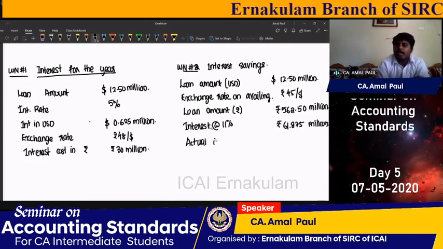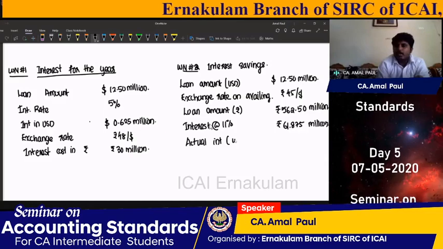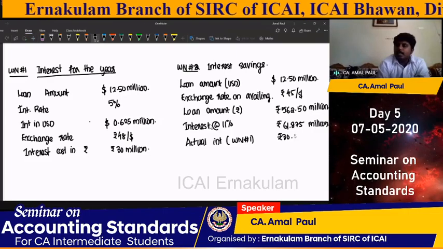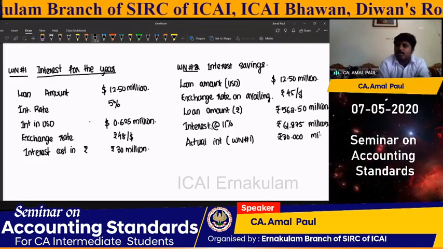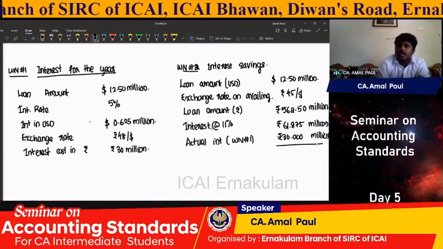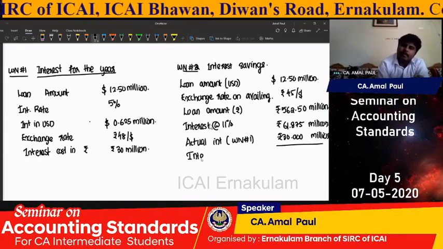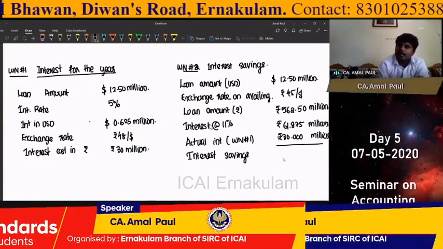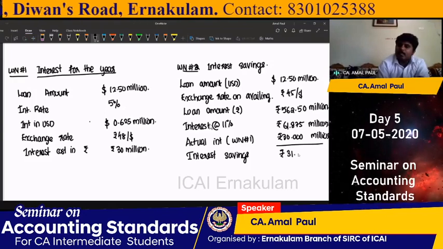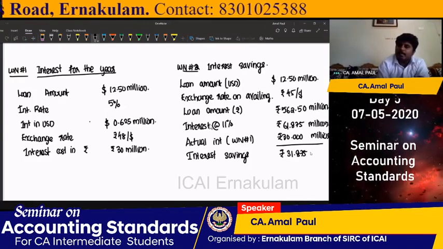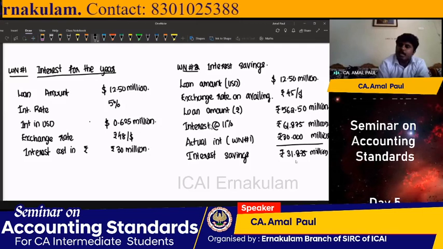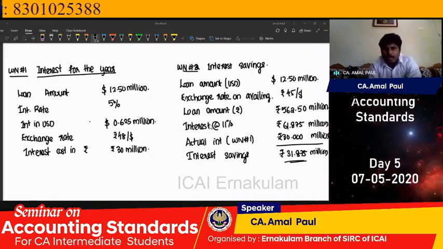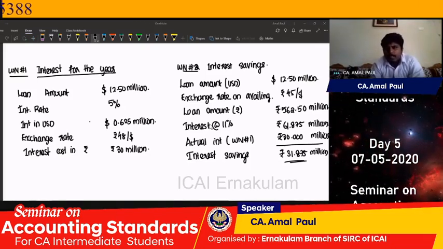The actual interest you had incurred, that is your working note number 1, is rupees 30 million. So what is the interest savings you are having? Interest savings is rupees 31.875 million. So this is your interest saving. Are you clear with this till now?